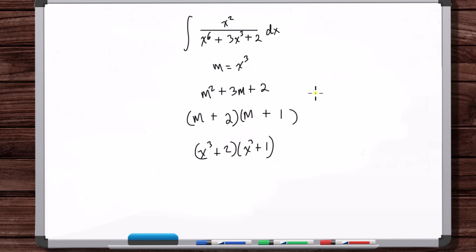Okay, now the sum of cubes, x cubed plus a cubed, is x plus a, times x squared minus ax plus a squared.